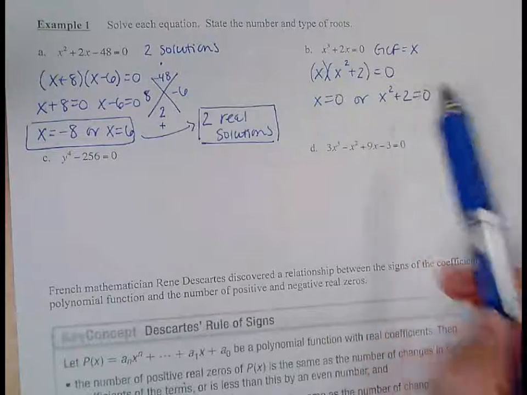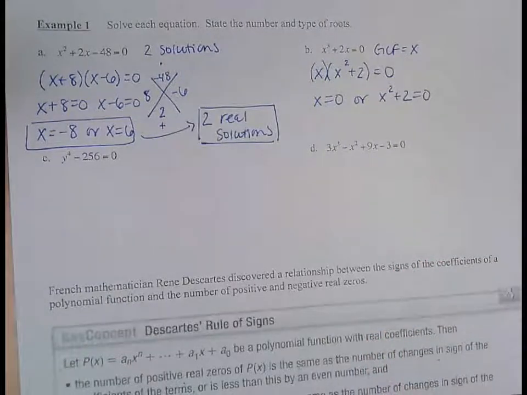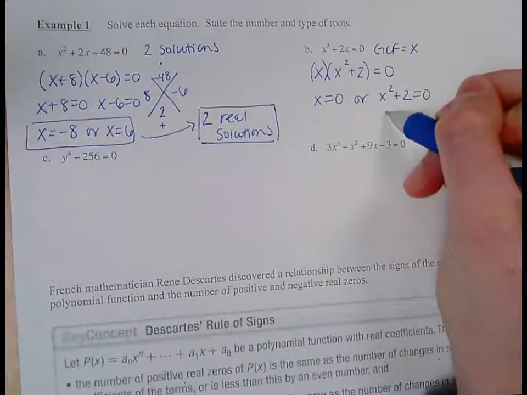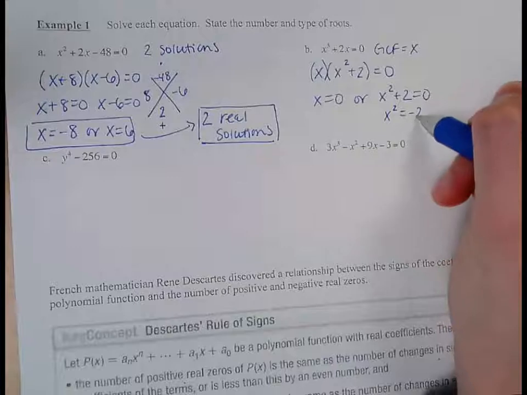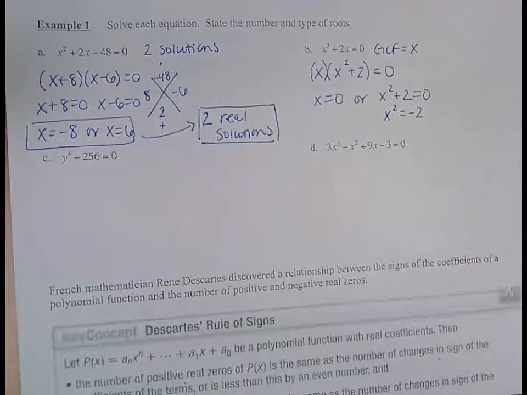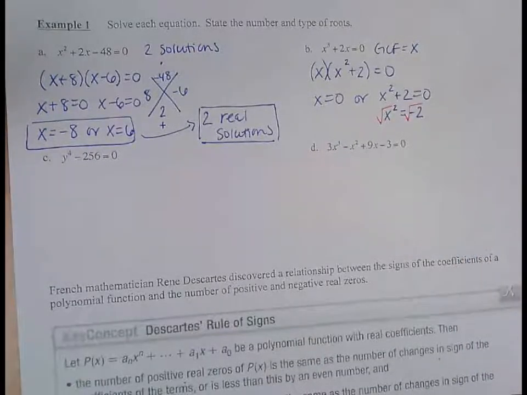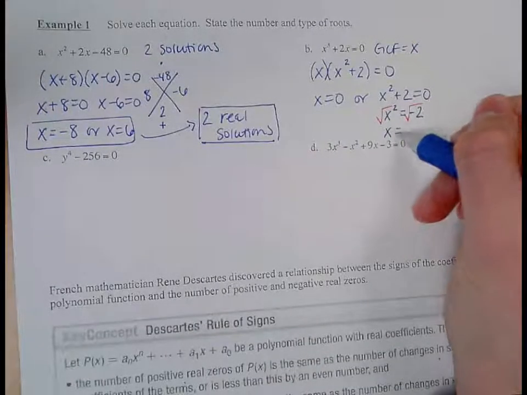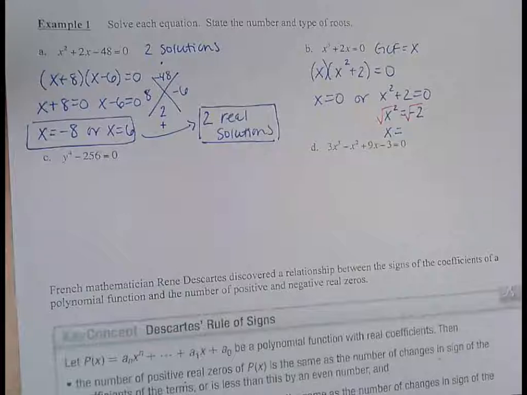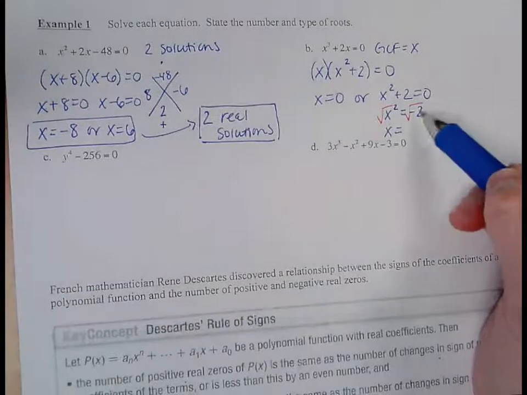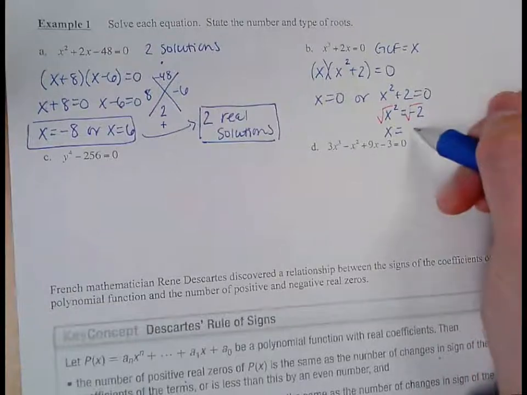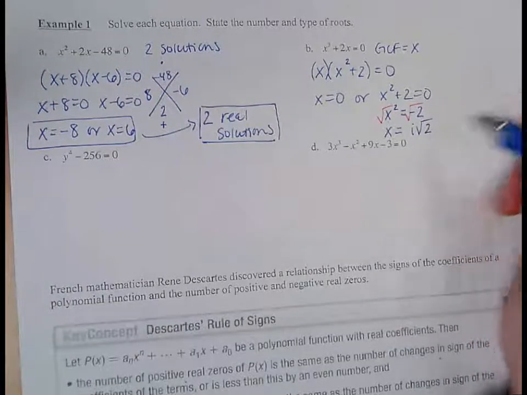The second equation, how do we solve for x? Subtract 2. So x squared equals negative 2, and then square root each side, and x equals, how would we write? Yep, it's going to be imaginary, square root of a negative, so it'll be i square root 2.